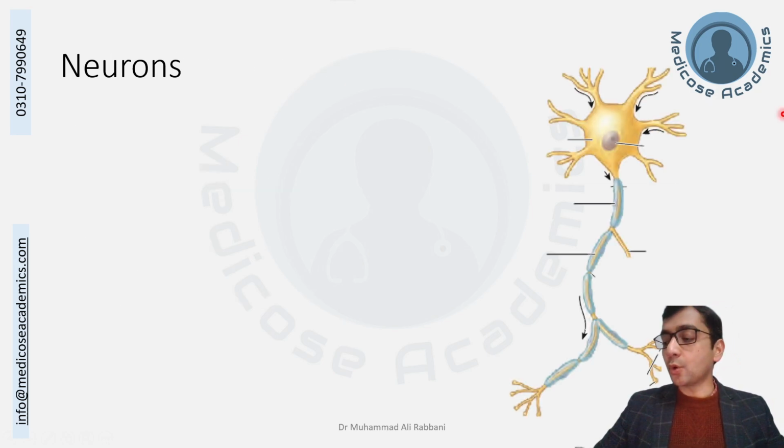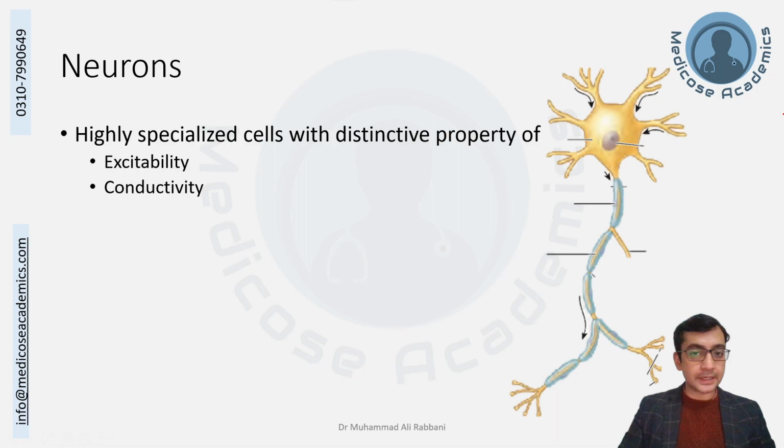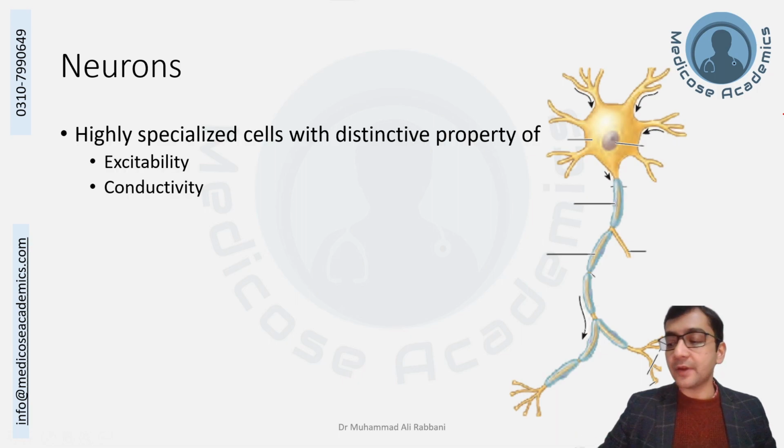Let's talk about the neurons. Neurons are the excitable cells. These are the cells that conduct impulses. Neurons are identified on the basis of two basic characteristics: excitability and conductivity. Let's talk about conductivity first. All the cells in the body have a difference of electric potential across the membrane.